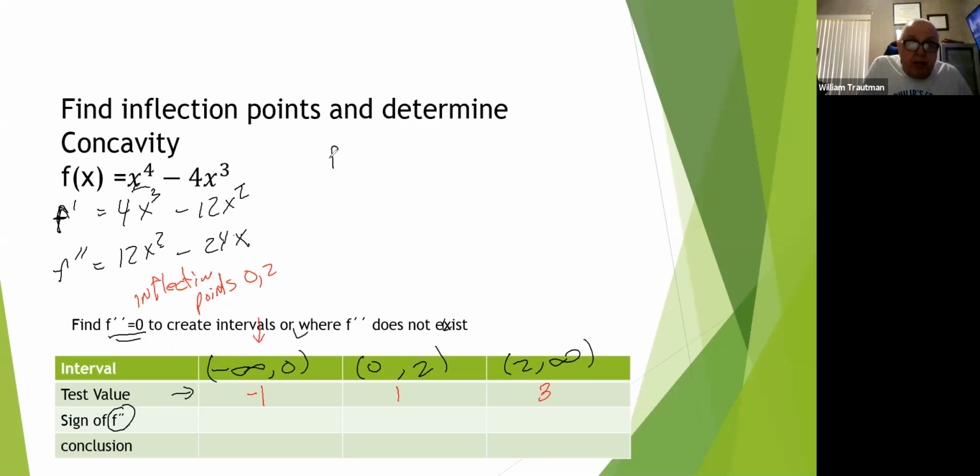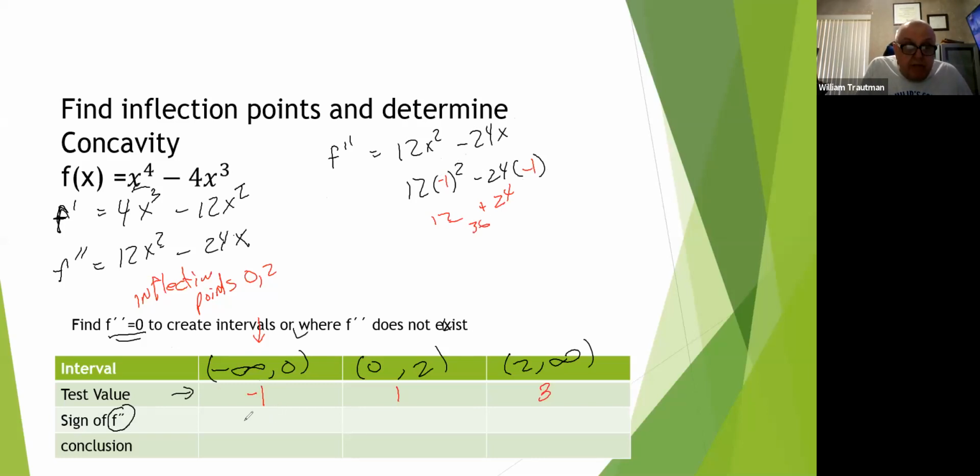F prime prime, the second derivative, is 12x squared minus 24x. I'm going to plug the test values in there. That's what it says, the sign of the second derivative. When you plug the test value in there, negative 1: negative 1 squared is 1 times 12, and negative 24 times negative 1 is a positive 24. 12 plus 24 is 36.